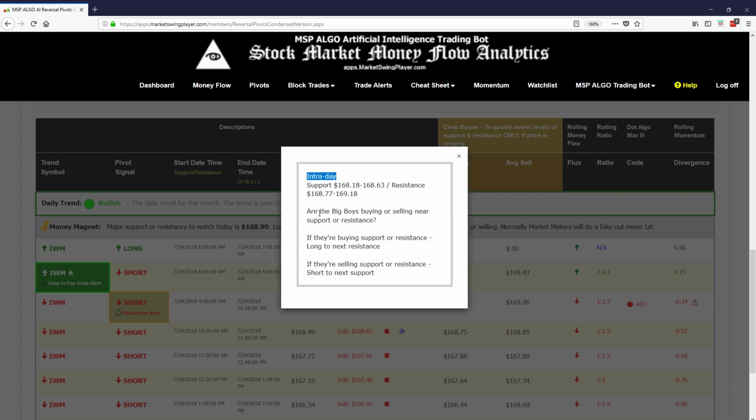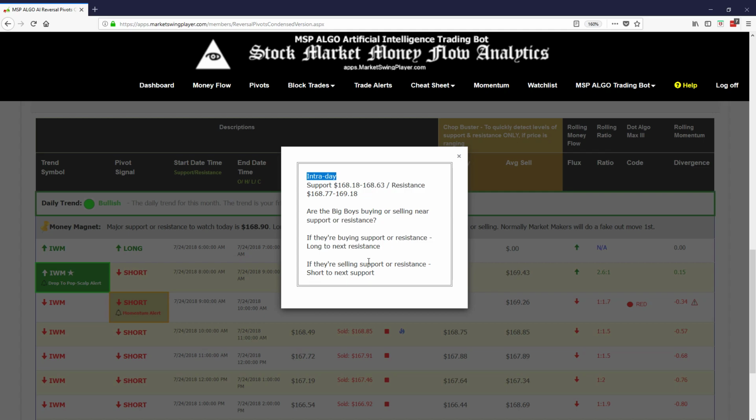And it says, are the big boys buying or selling their support or resistance? So it's trying to say, ask yourself that question. And it tells me what to do. If they're buying support or resistance, long to next resistance. If they're selling support or resistance, short to next support. So it's telling me to short support or resistance, or long support or resistance.